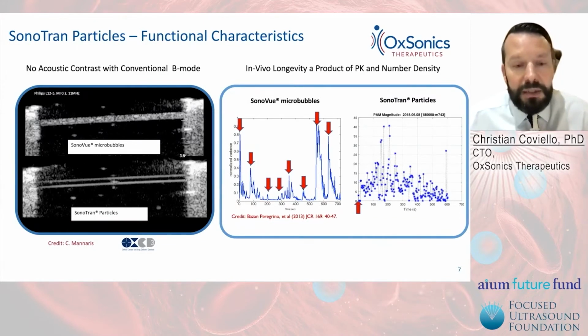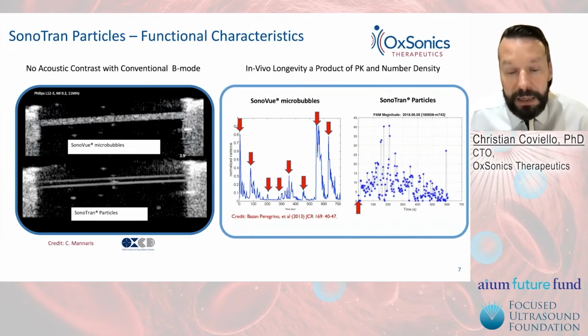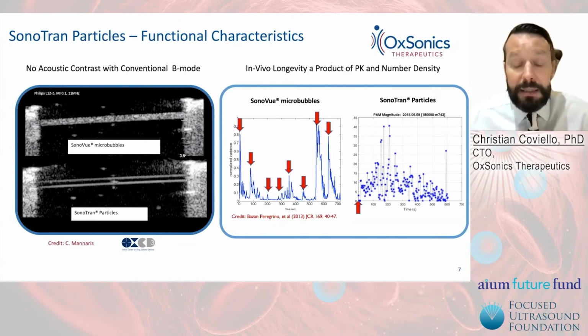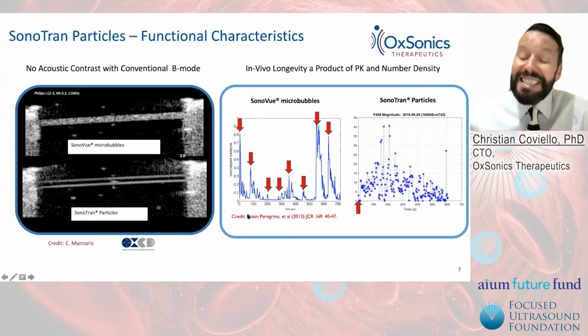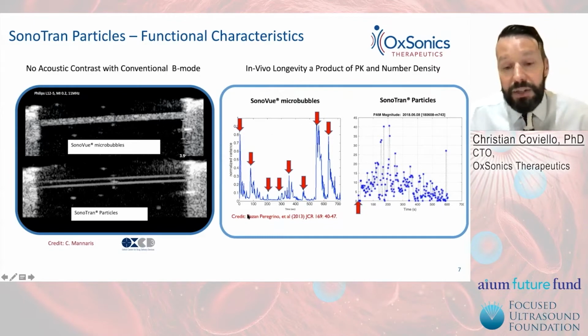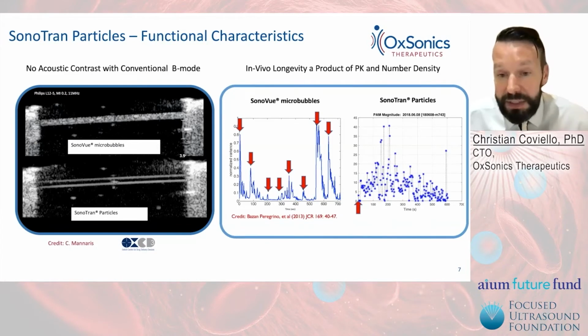You don't see any acoustic contrast, and that's not surprising considering their size. But one of the main reasons, on the right, why we developed the particles back in the university days is that in our early animal experiments, trying to create sustained levels of cavitation during a mouse experiment and trying to deliver a drug was very difficult. In this example, you see we had to do 8 injections. That's the arrows there, 8 injections to get a sustained level of cavitation.